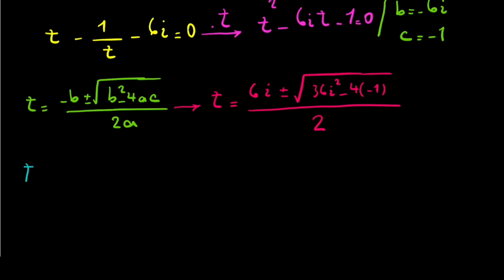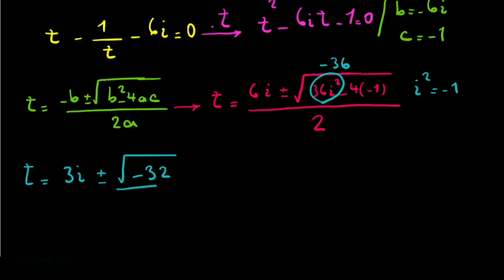So t will be equal to 3i positive and negative square root of, I told you i squared equals negative 1, so that's equal to minus 36, and this is positive 4. Minus 36 plus 4 equals minus 32, divided by 2.